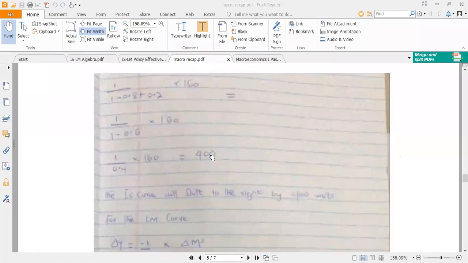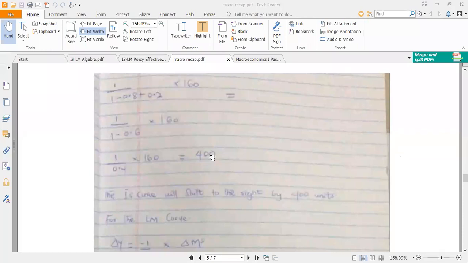Now they've increased it to 160. So what is the change in G? That will be 160 minus 100, which gives us 60. But in this one, they've increased it by 160 units, so the change now is 160 units. So always look out for the words they are using. At times they use by, at times they use to. So you know what you have to do.